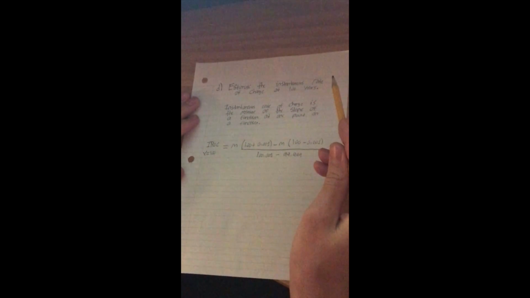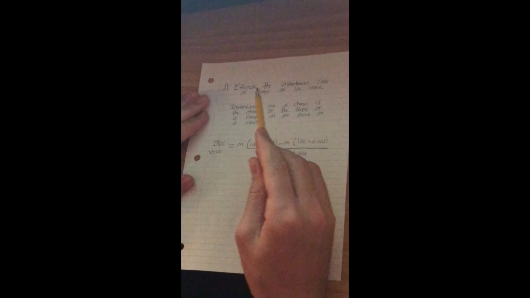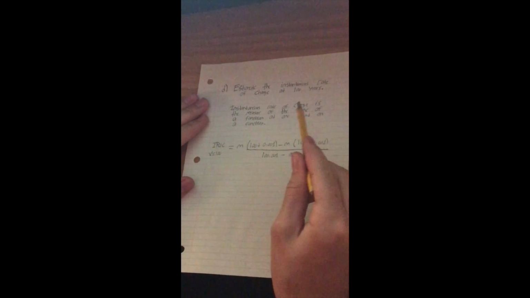So the final question, question D, is asking estimate the instantaneous rate of change at 100 years. So instantaneous rate of change is the measure of the slope of a function at one point on a function. So this is from Unit 1, the piecewise functions unit of this course.